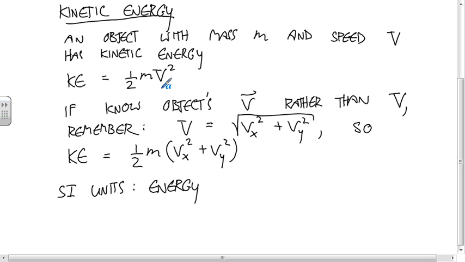For that second kinetic energy equation, it would be Vx squared plus Vy squared all of that squared. Well, it's a square root. So when you square them, you get rid of the square root. V is the square root of those two things. And so V squared is just Vx squared plus Vy squared.